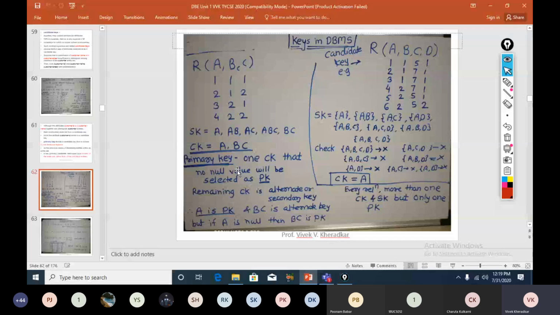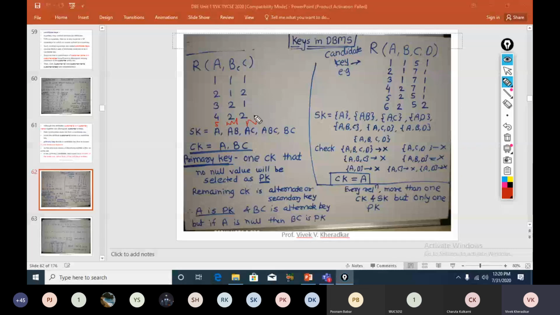But suppose there is one more row here. Suppose in the same example, there is one row: 5, null, null. This row is already added. What is the meaning of this null? This row has only the A value, but there is no BC value. For example, a student might have a roll number, but the student doesn't know the marks of a particular subject, or even the phone number is null.